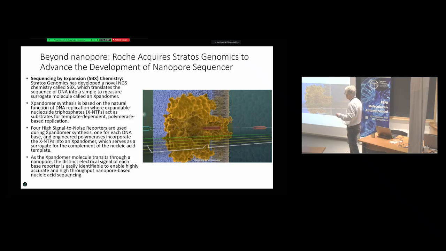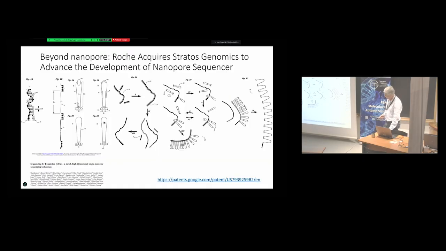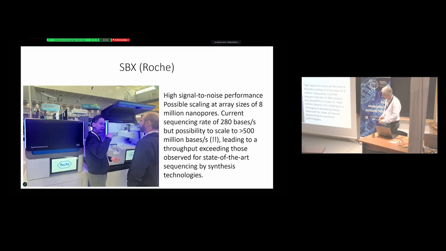So they are claiming that the technology will be very good. There is a paper in bioRxiv that has been published, and there is also a description in the patent that you can access. And so the machine is a big machine.